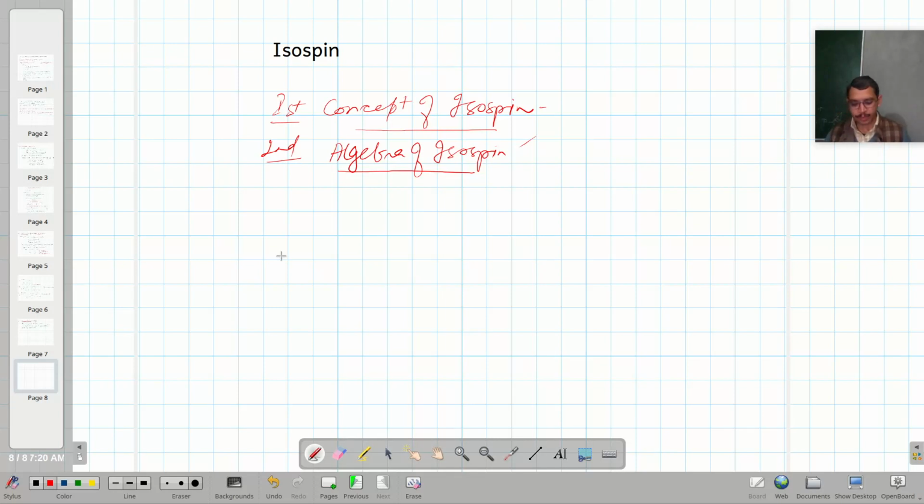So let me talk about how the idea of isospin came. So as we know, for this, consider protons and neutrons.